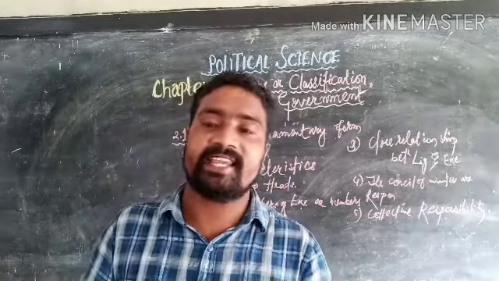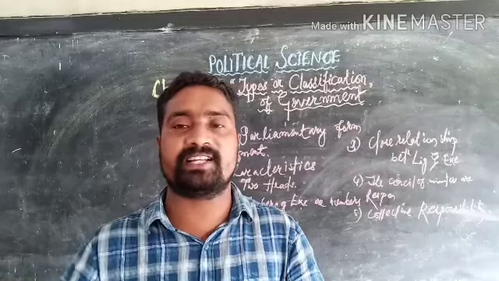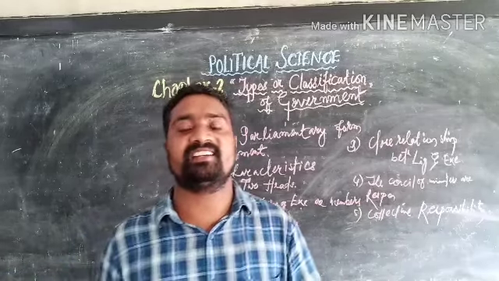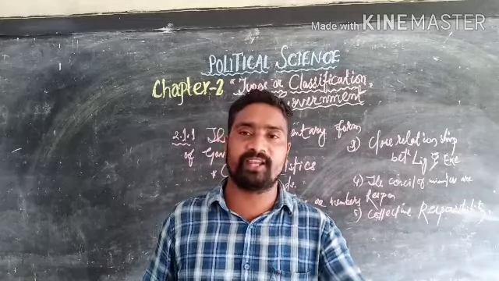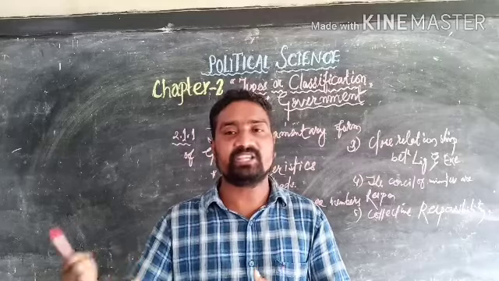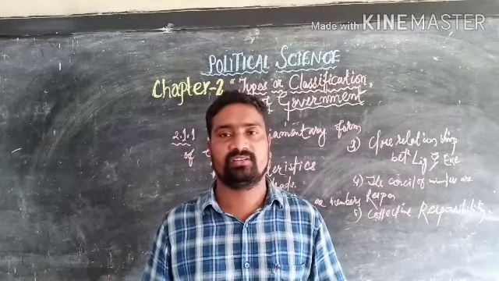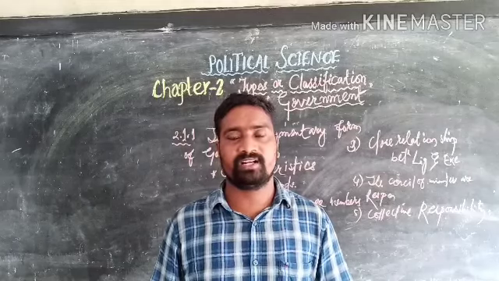So in this case, if a single political party feels that their interest is not being fulfilled, they leave the government, and in this way there is a chance that a government can collapse.